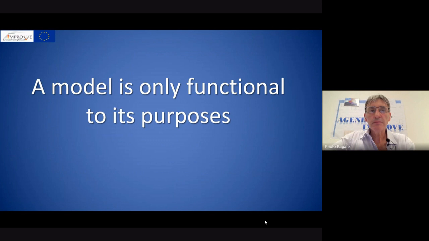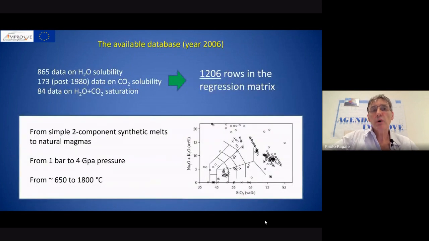And to do that, let's go back to our problem of determining the functional forms and the coefficients of the binary interaction parameters involving water and carbon dioxide. And together with them, the other quantities that must be determined by data regression, that is, the reference fugacity of water and of carbon dioxide, at a pair of P0 and T0 values appropriate for each volatile, and the coefficients in the expression of the reference volume of dissolved carbon dioxide.